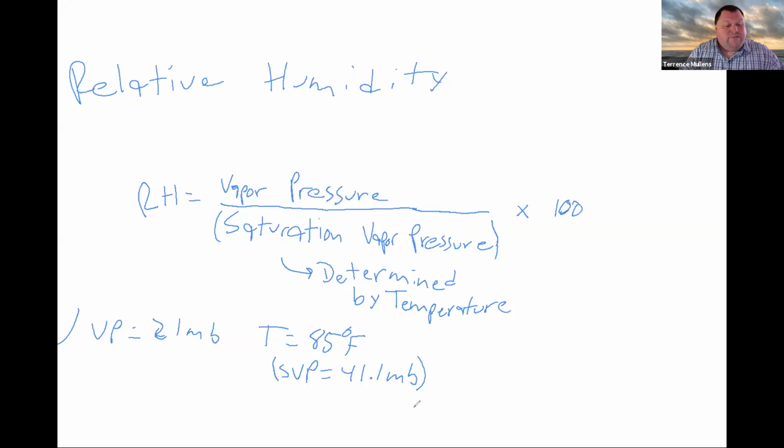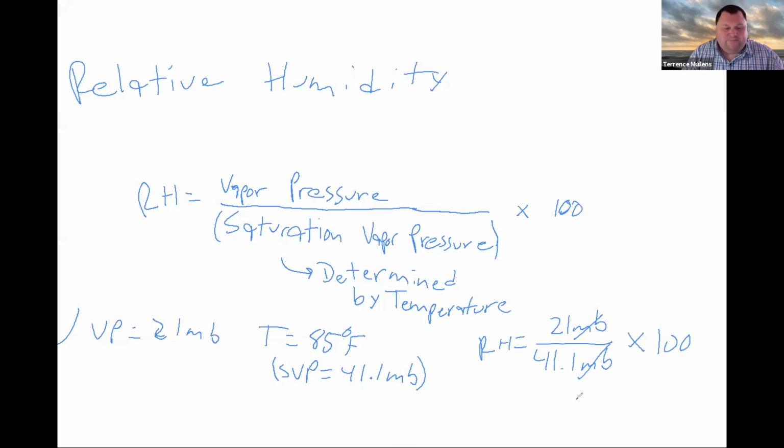So 41.1 millibars. So relative humidity would equal 21 millibars divided by 41.1 millibars, and then whatever that is, multiply it by 100. The millibar units go away because you're dividing millibar by millibar.